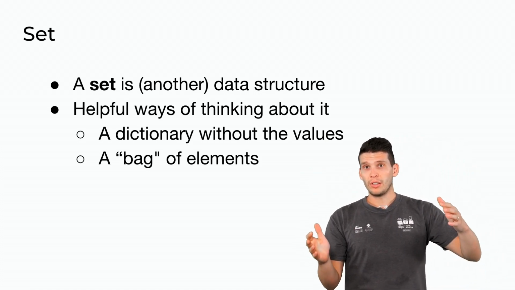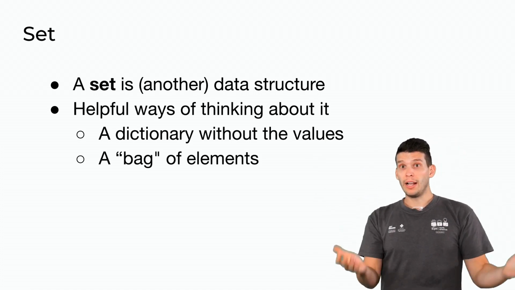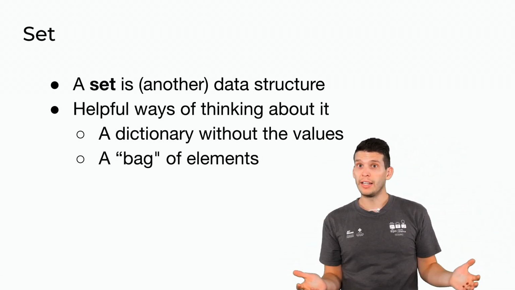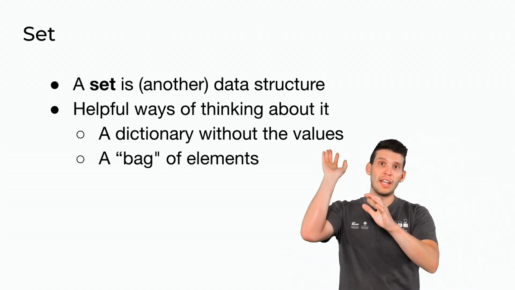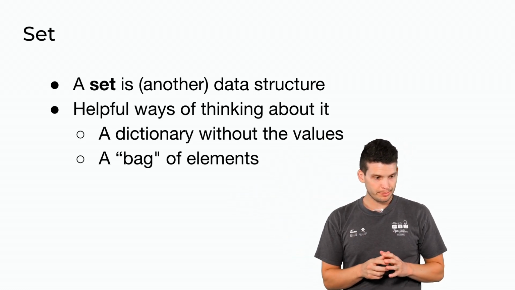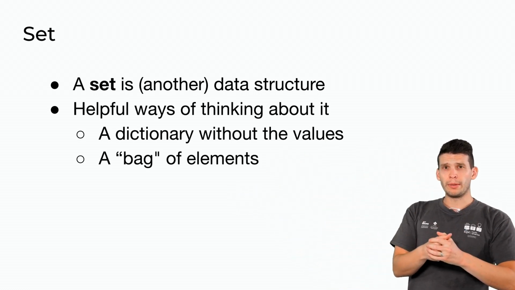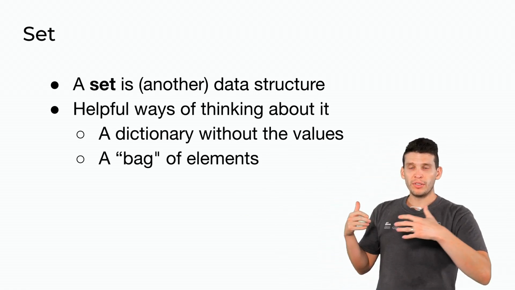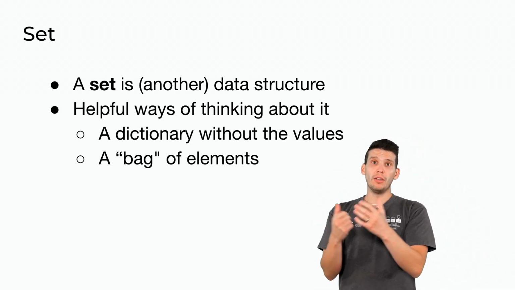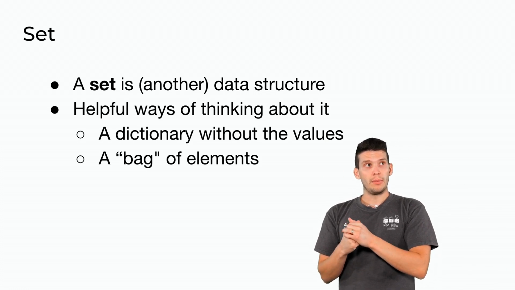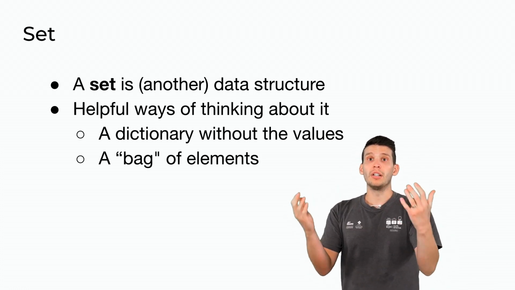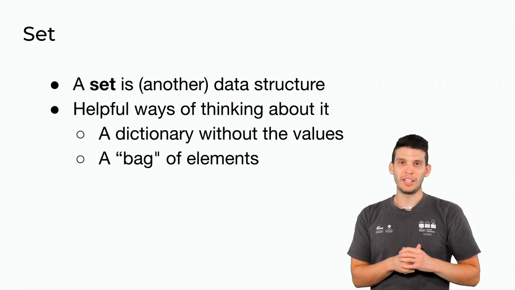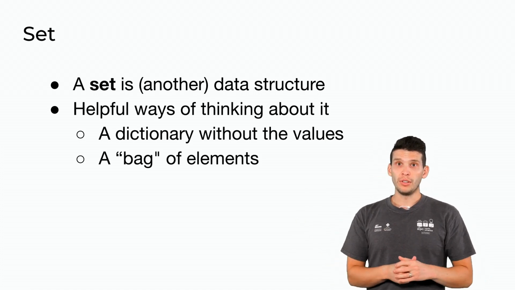Well, with a set, you are not allowed to have duplicate elements, so you can think about it like a dictionary if you just didn't have the values that it maps to. You can also think about it conceptually as a bag of elements, a collection of items, a collection of things in your structure, and you can use a set.